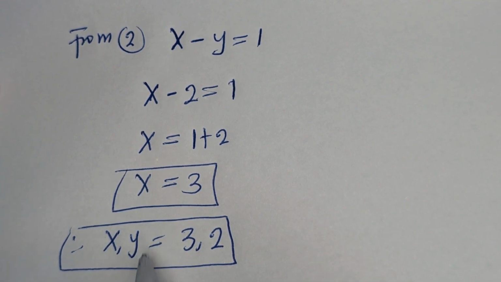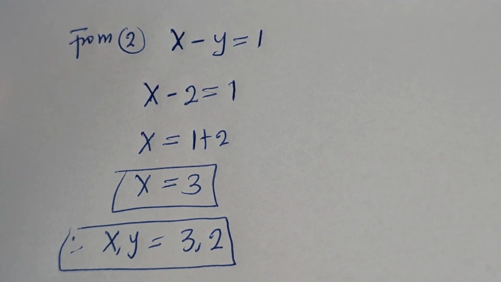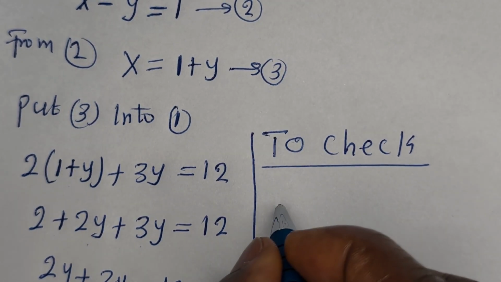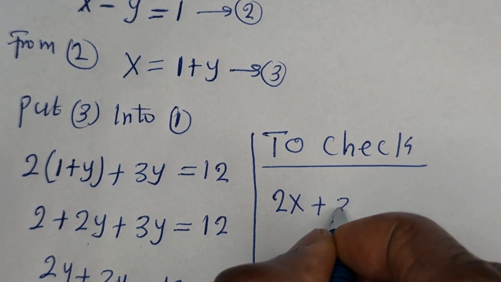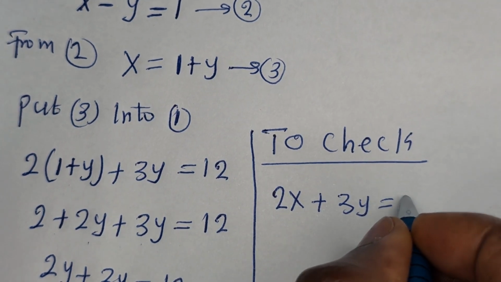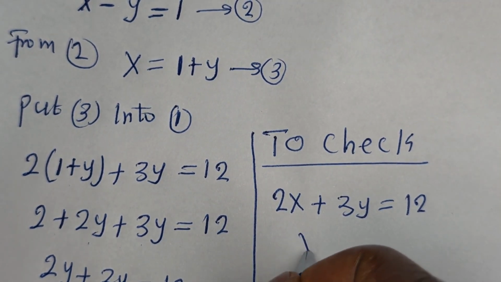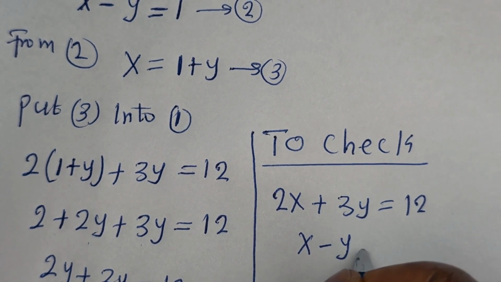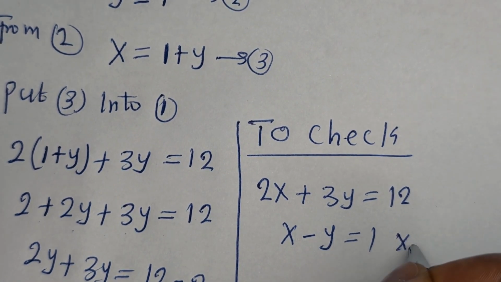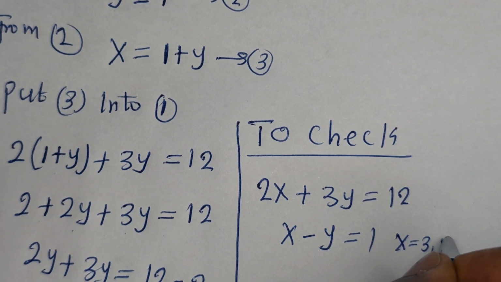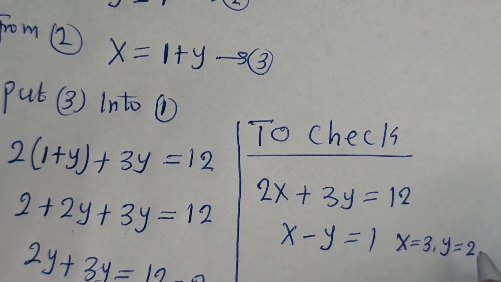We may check to confirm if this answer is right or wrong. Let's just check. To check, we have the given equation 2x plus 3y is equal to 12, and x minus y is equal to 1. When x is equal to 3, y is equal to 2.